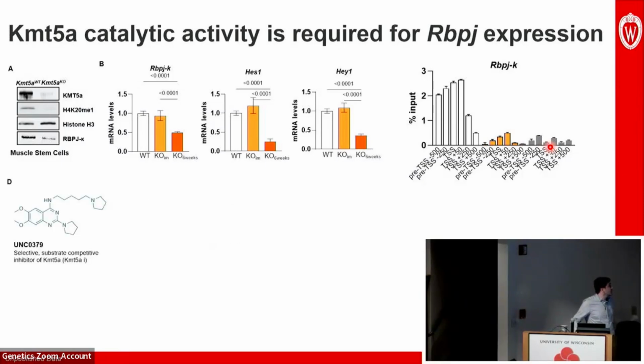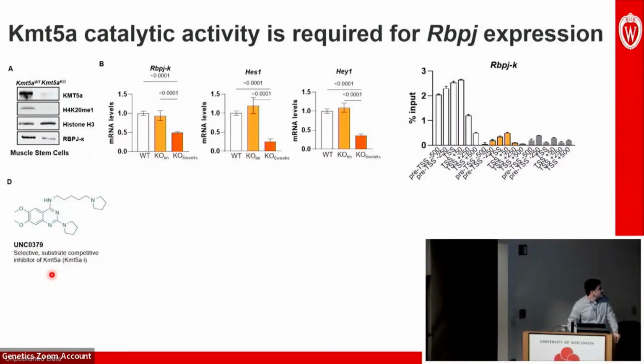And the next question that I asked was, is this catalytic dependent, right? Is KMT5A catalytic activity required to regulate Notch signaling? In this case, we used a selective substrate competitive inhibitor, UNC0379, which I will call kindly KMT5A inhibitor.